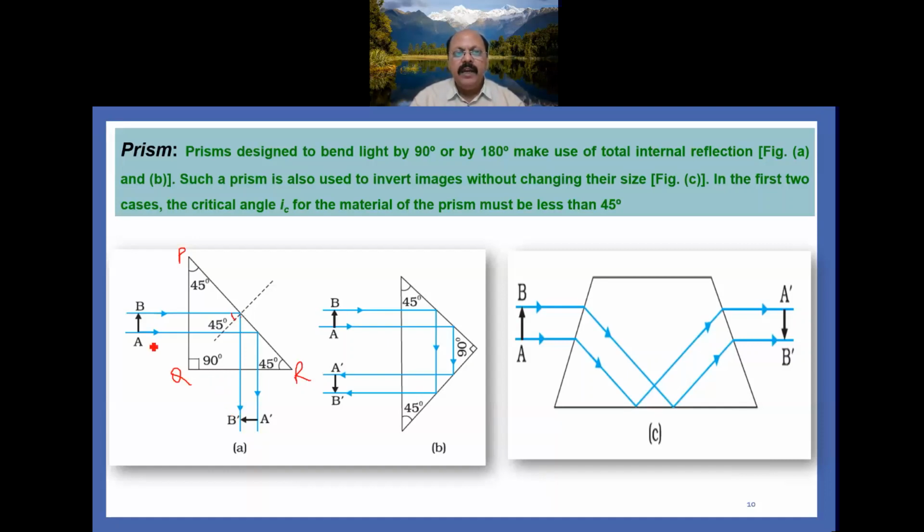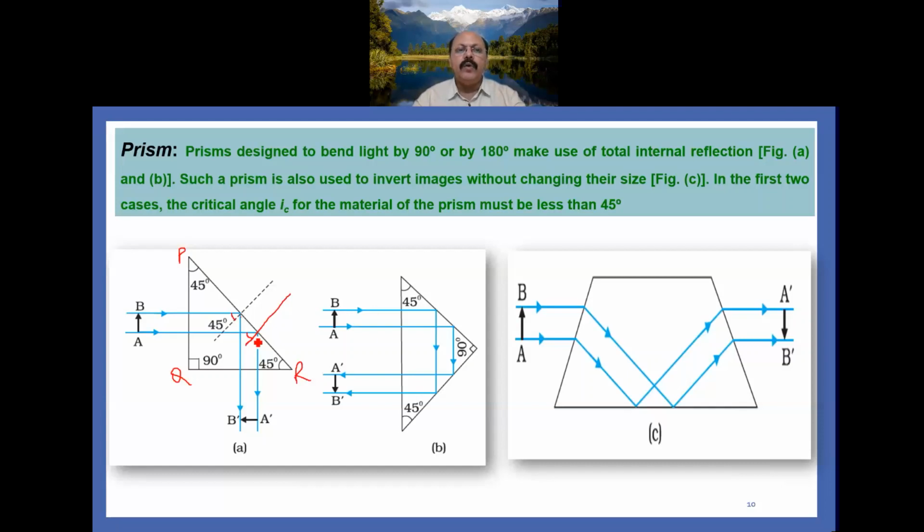Similarly, the ray of light which travels from point A of the object incident normally on the PQ surface of the glass prism strikes the PR surface making an angle greater than the critical angle, that is 45 degree. When you draw a normal here, this angle is 45 degree, which is greater than the critical angle for the pair of media in contact, that is air and glass.